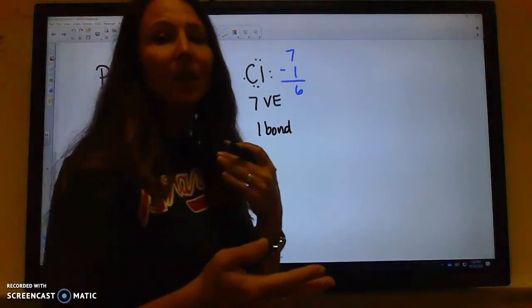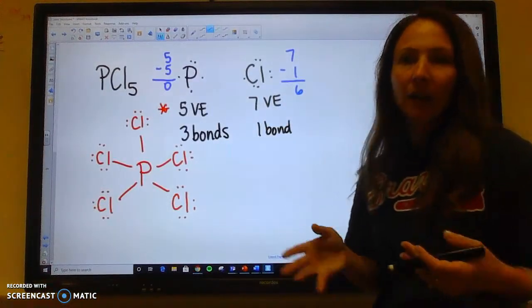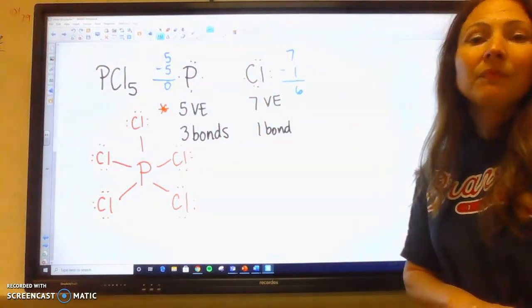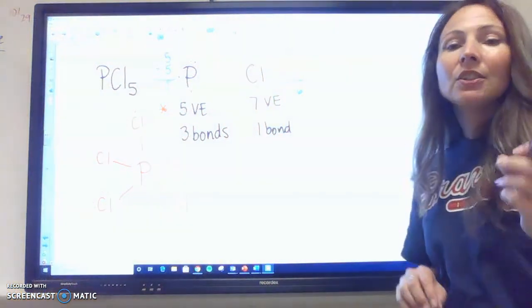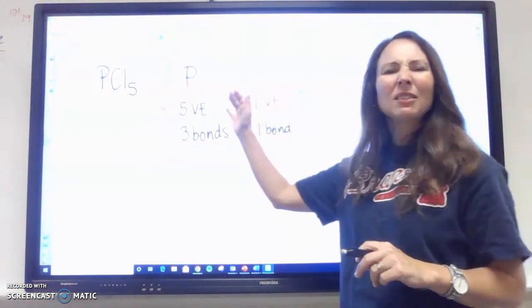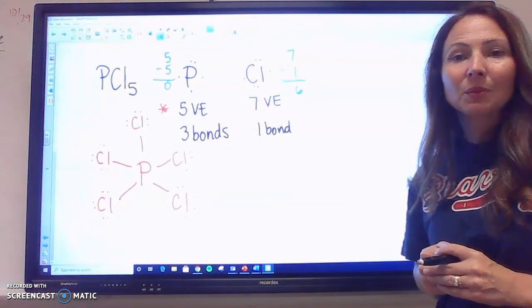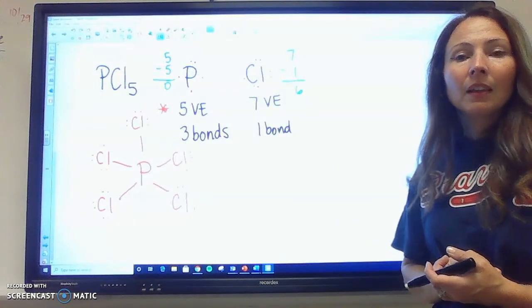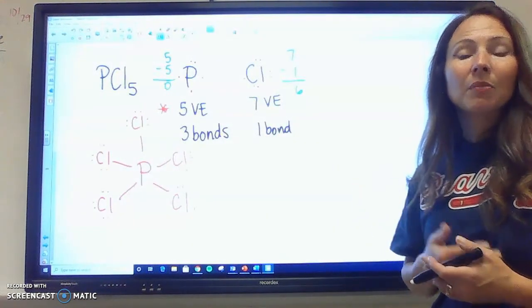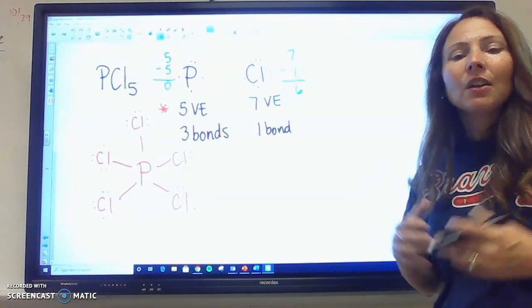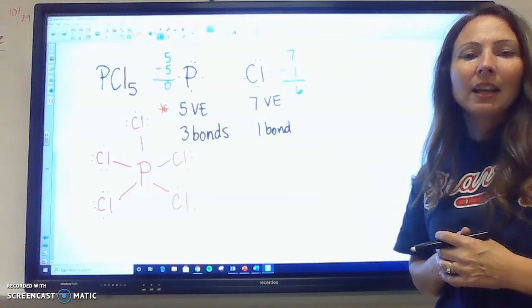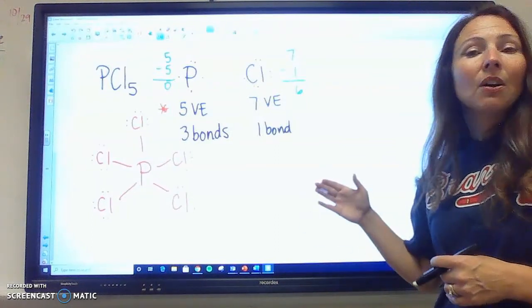The charge of the element, if it were ionic, which these aren't, also represents the number of bonds that these elements can form. This one's a little bit more advanced than your practice work, but the number of bonds that form can also equal the number of valence electrons for your third period, third energy level elements. But that's all there is to it.